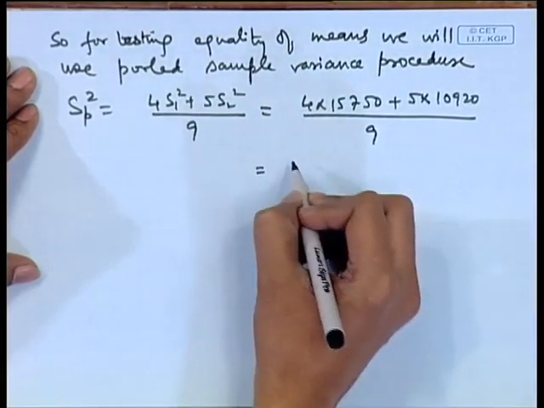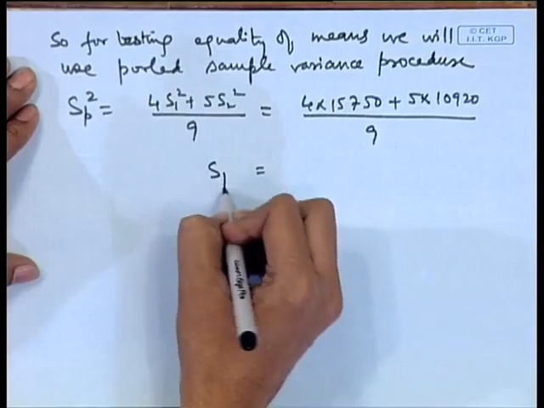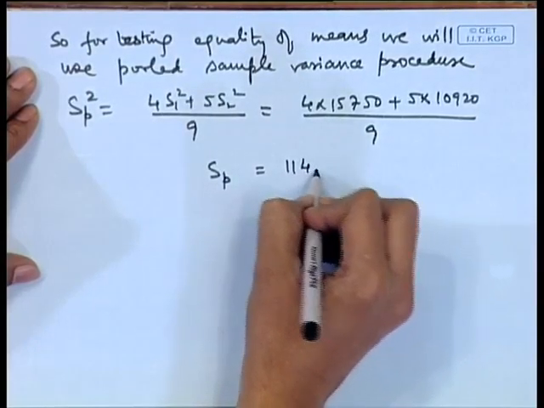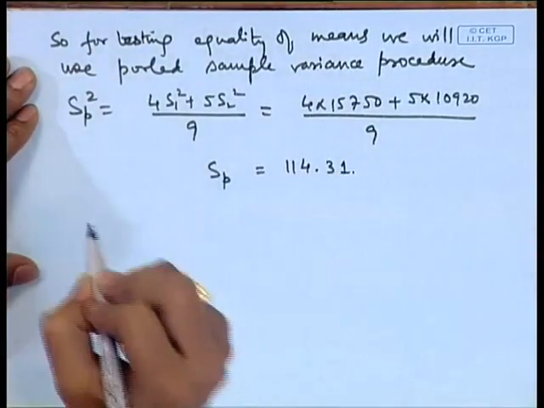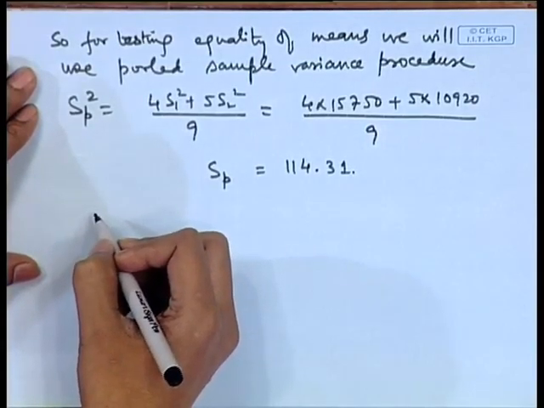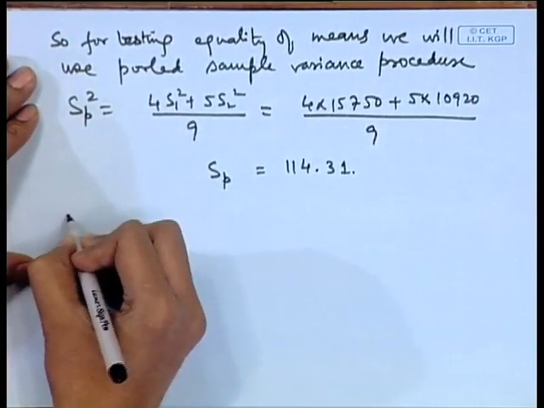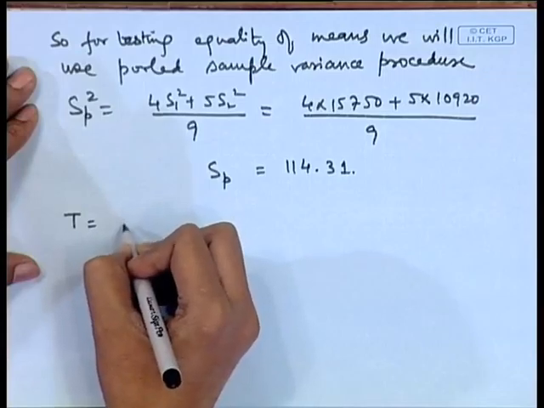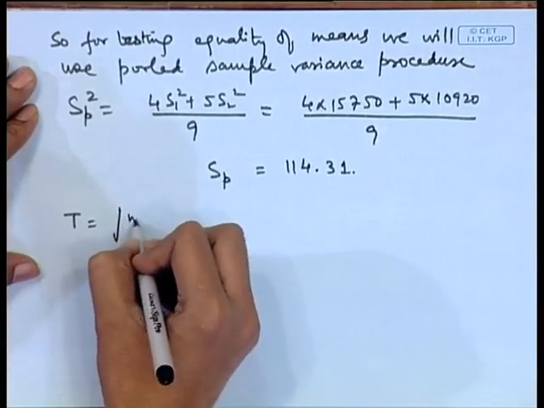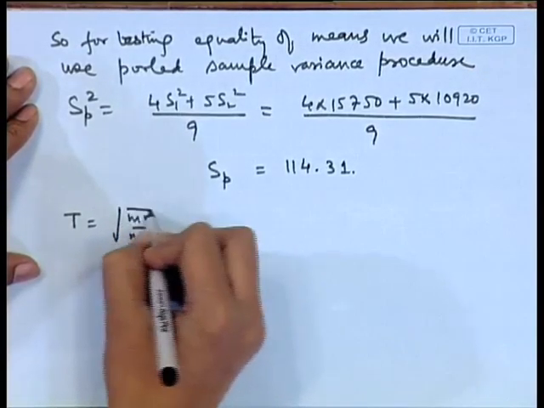So, that is equal to some value. S p is taken to be the square root of that, that is 114.31.